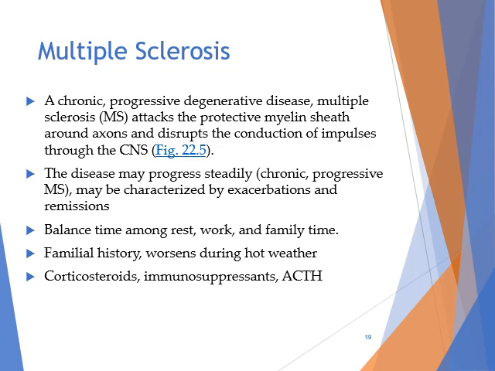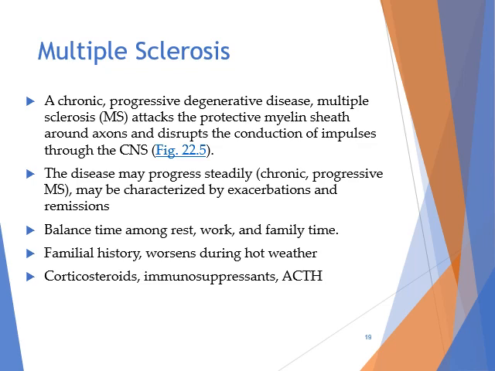There are little lesions in the brain. The patient will get an MRI from time to time to see if they are progressing or staying the same, because it does go through exacerbations. It can progress and then stop for a while. So the disease may progress steadily, chronic progressive MS, but it may also be characterized by exacerbations and remissions.